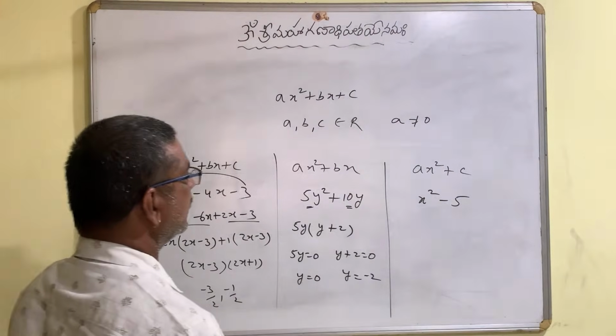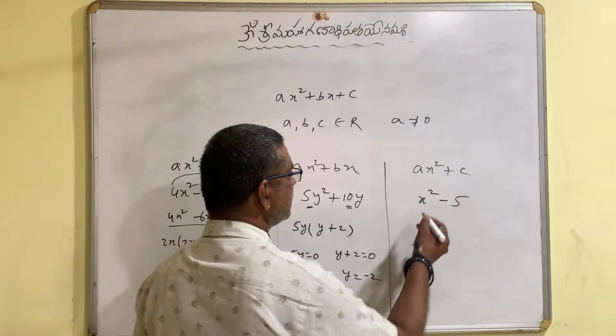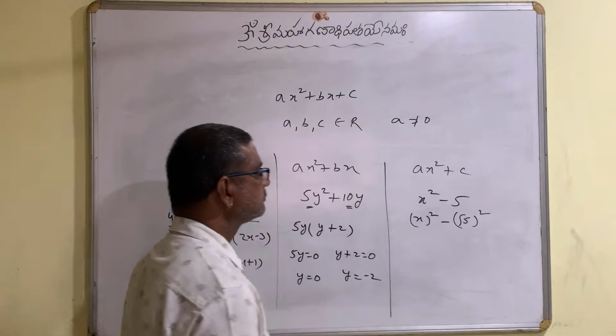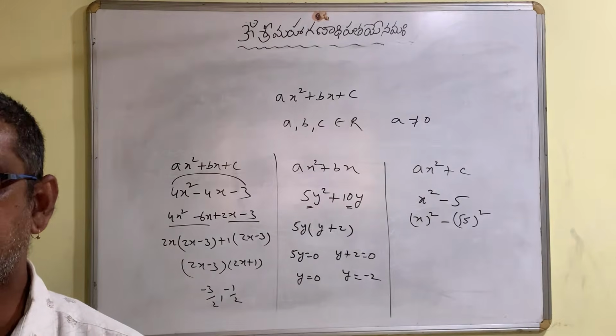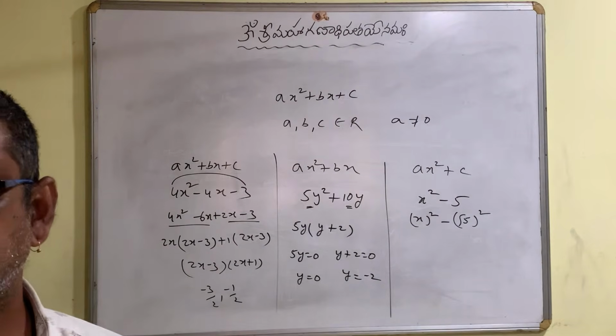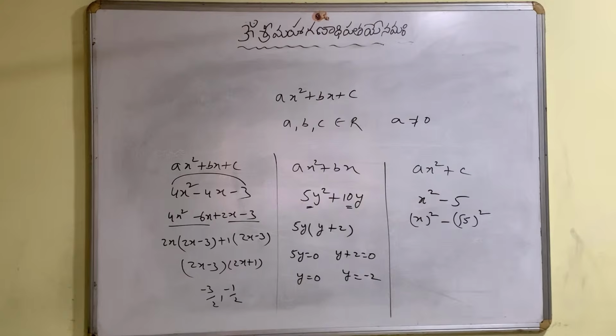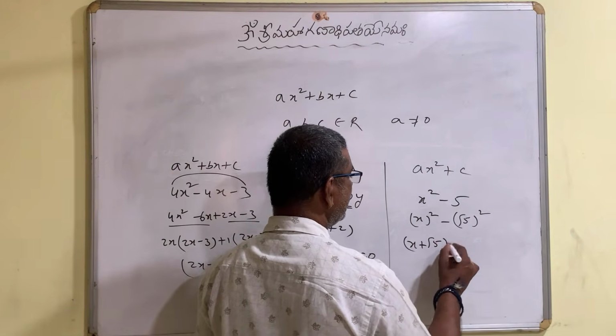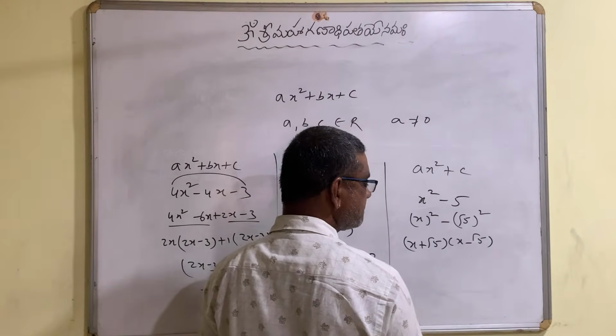Now coming to the third model, try to express this one in a square minus b square form. So a plus b into a minus b.